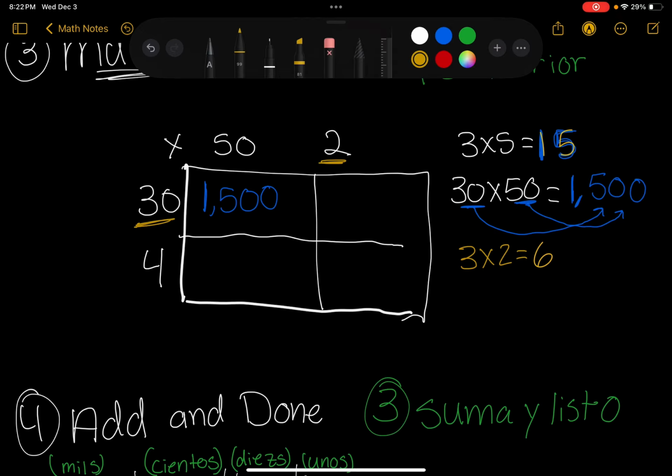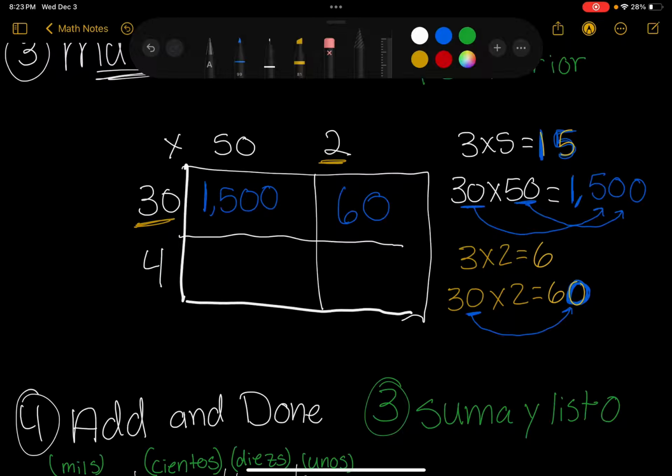So you guys definitely know what 30 times 2 is. And we have 1 zero. So we're going to bring the 0 over to our 6 and turn it into 60. So we just turned 6 into 60 by just adding 0 next to it. So inside my box, I'm going to write the number 60.